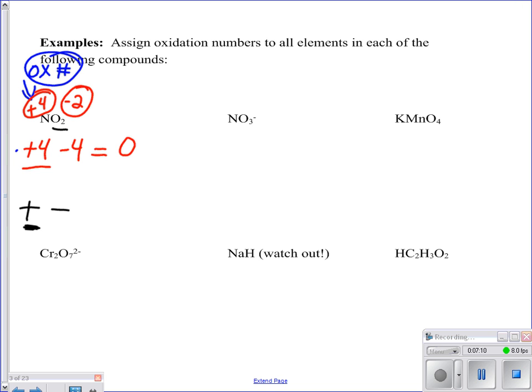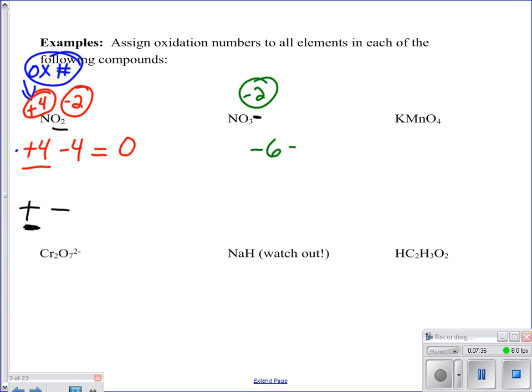Let me just point out that it's NO3, and then there's that little minus. Lots of times, if it's a -1, you just see a minus, or if it's a +1, you just see a plus. But that -1 is what that's implying. So again, just like last time, we know the charge of oxygen. It's -2. That's our oxidation number, giving us a total charge of -6.